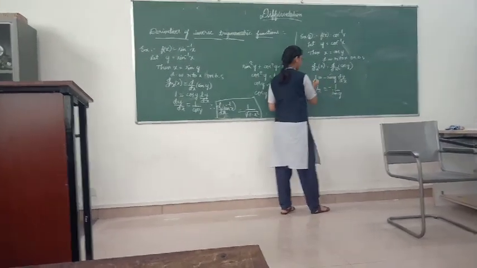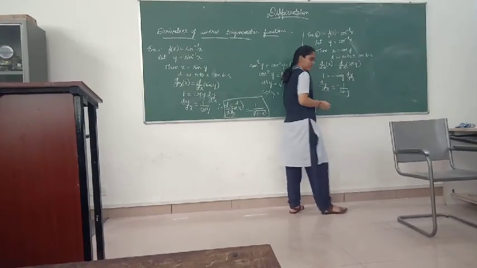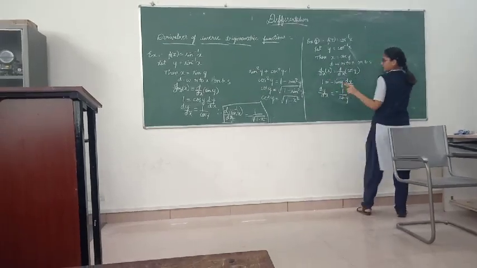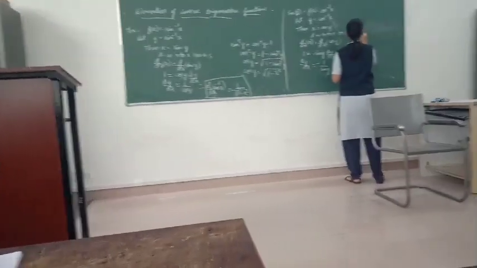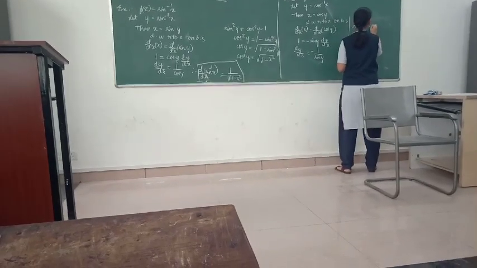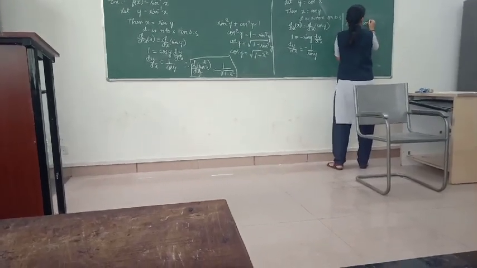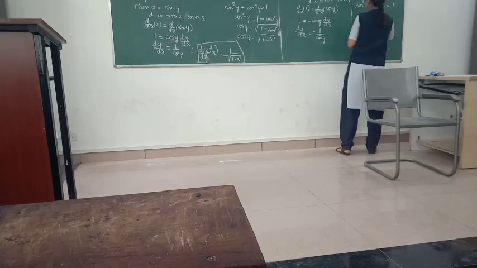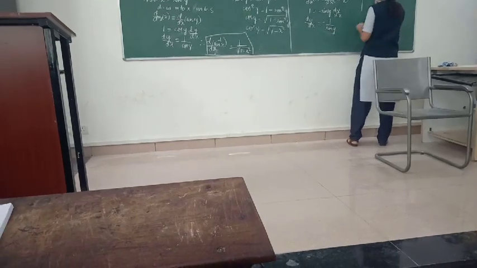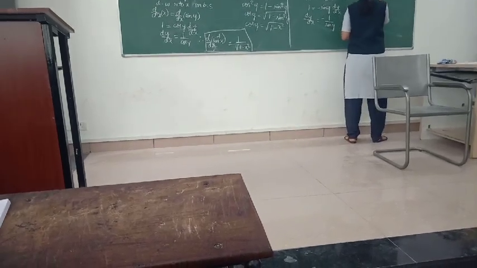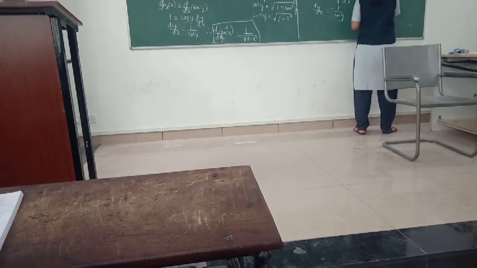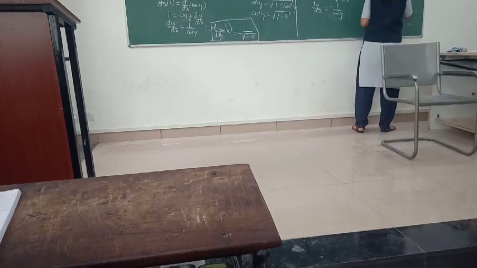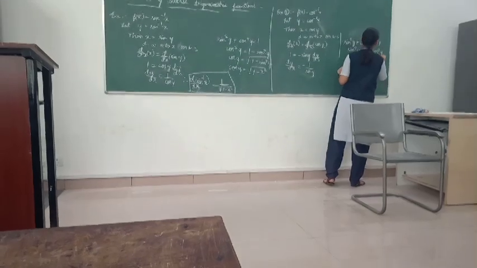Here we need sin y in the equation minus 1 by sin y. Using the trigonometric identity sin square y plus cos square y is equal to 1, sin square y is equal to 1 minus cos square y.